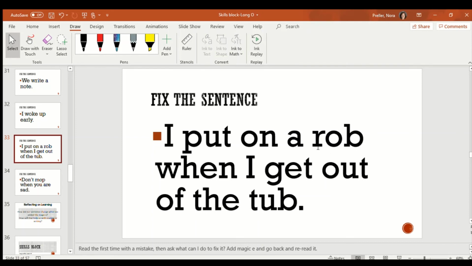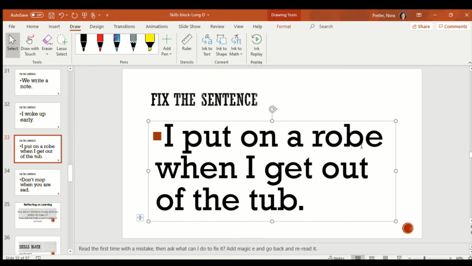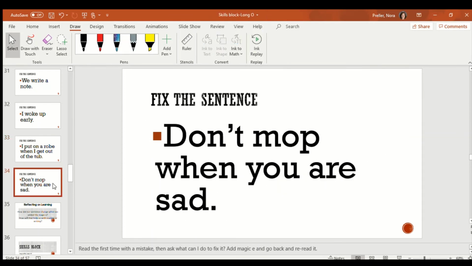Right now it says rob. What's going to make it say robe? That's right, the bossy E, because now O is going to say its name. Sound it out with me. Robe. Robe. I put on a robe when I get out of the tub.